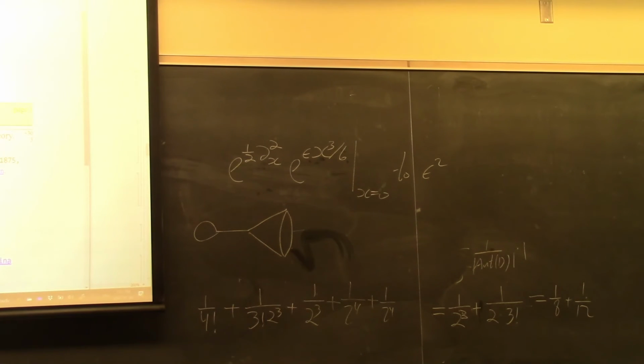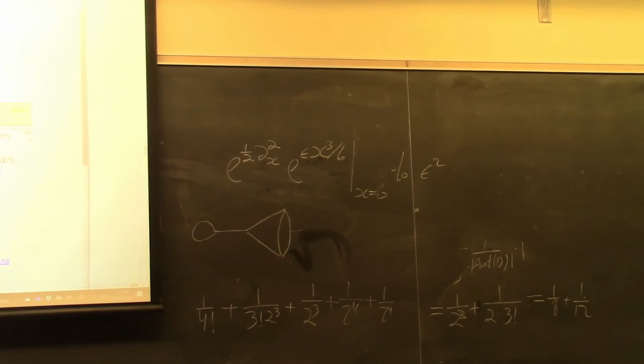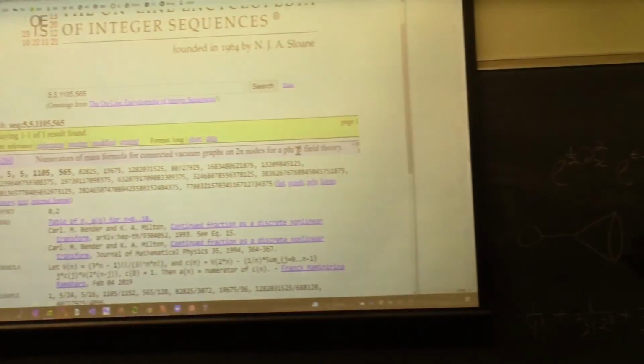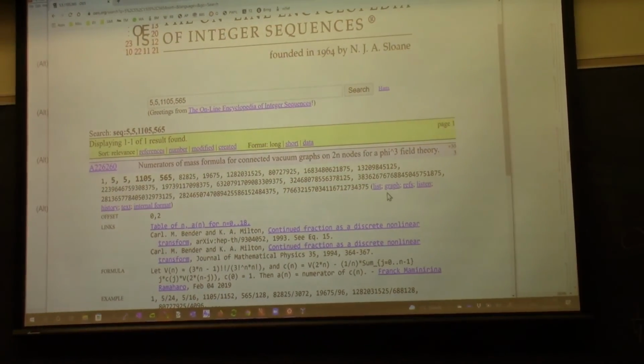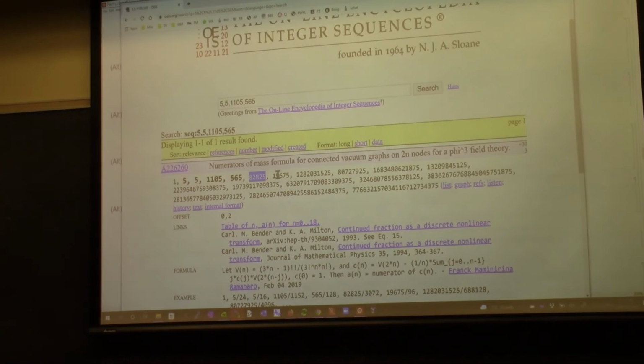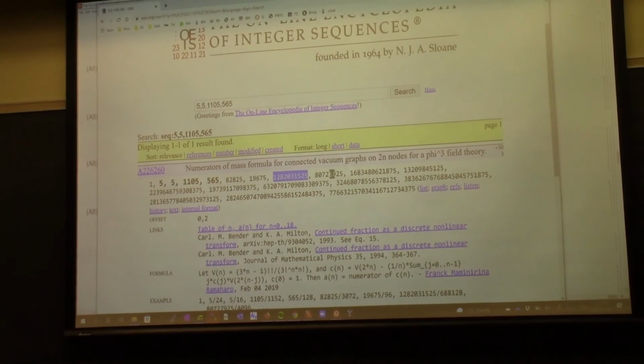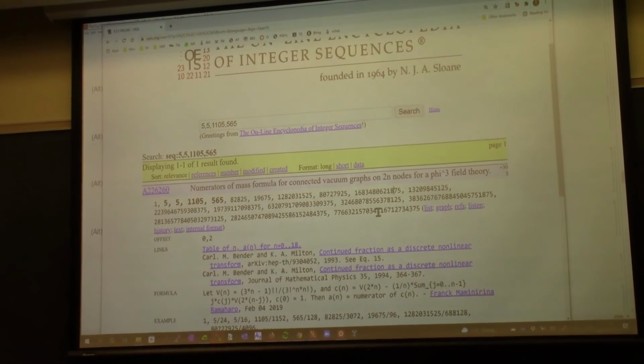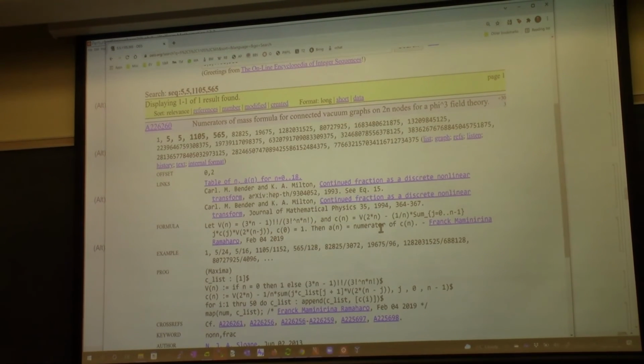Connected is connected, you understand. Basically, it's just a physical name of saying that. And then the sequence continues. It just keeps going, right? And in fact, here it actually tells you what are the denominators as well, and it matches too.